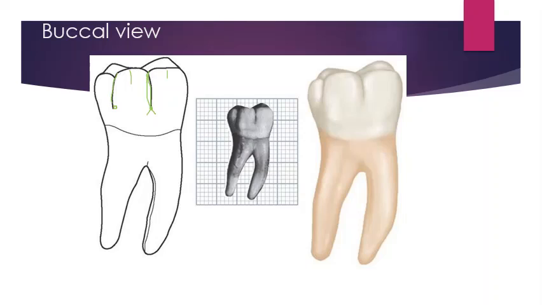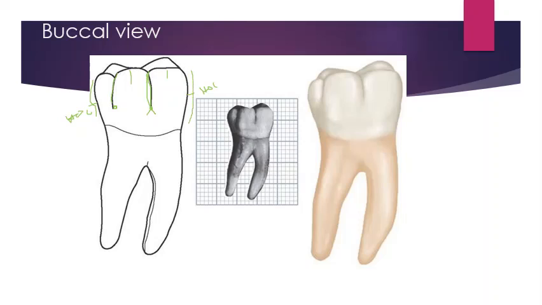The height of contour on the mesial outline is the same as the contact area, at the junction of occlusal and middle third, and on the distal surface also at the junction of occlusal and middle third. The distal outline is shorter as compared to the mesial outline.